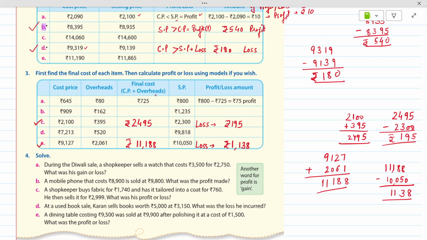So this is the amount of loss which we are facing here. I hope this is clear, kids. What we have done here is we have found the final cost, and then we are comparing the final cost with the selling price to identify whether it's a case of a profit or loss. And after that, we are identifying the amount of profit and loss, which I have written here.